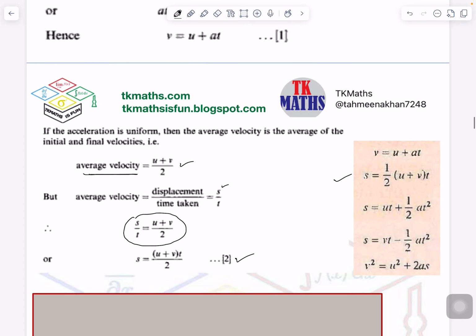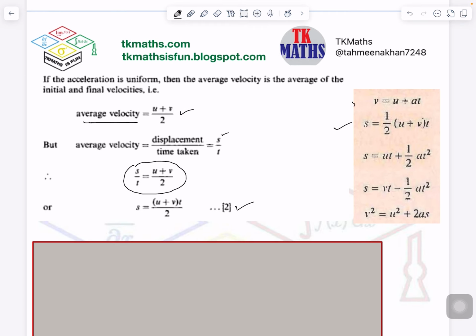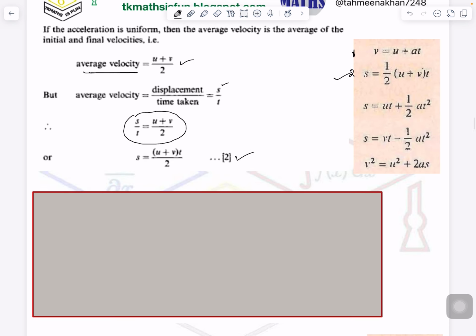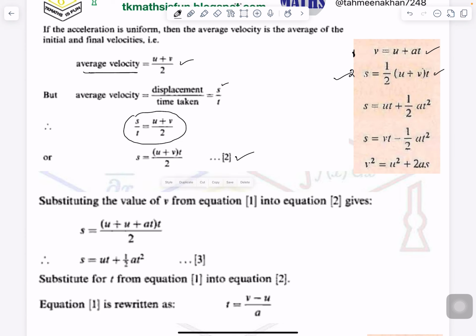So equation 1 you have seen here, which is this one, equation 1. This is equation 2. Now we have to get s equals ut plus half at squared. Absolutely right. You have to make use of these two by substitution and you will get the third one.